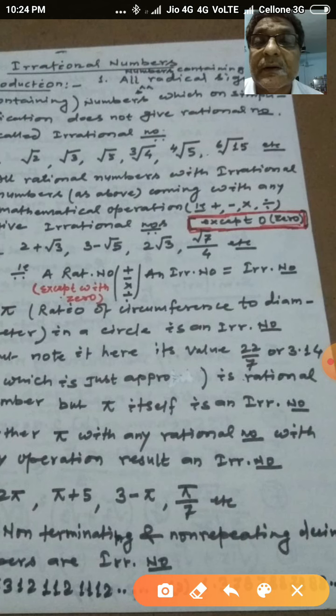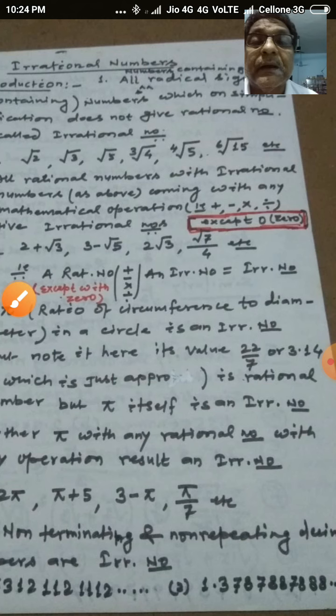Here you see all the root containing numbers. The root may be square root, cube root, fourth root, any root, which in one word we call radical sign. So numbers having radical sign, and the condition is that on simplification it should not give a rational number.